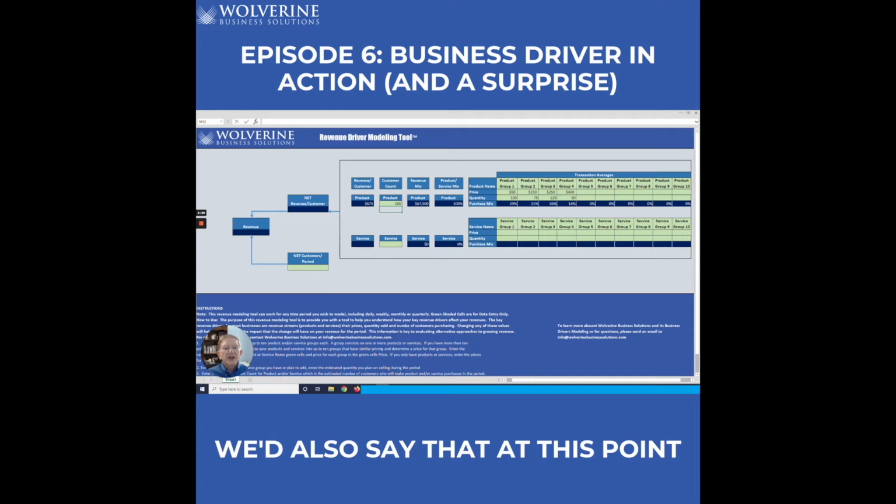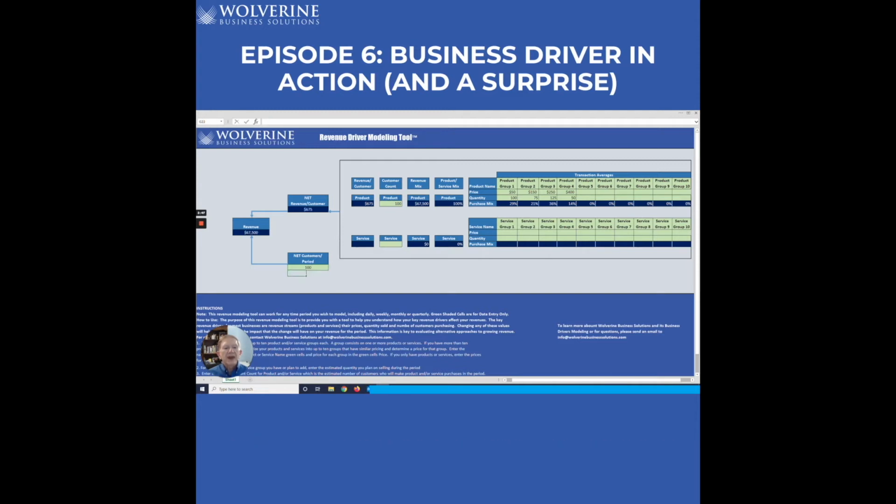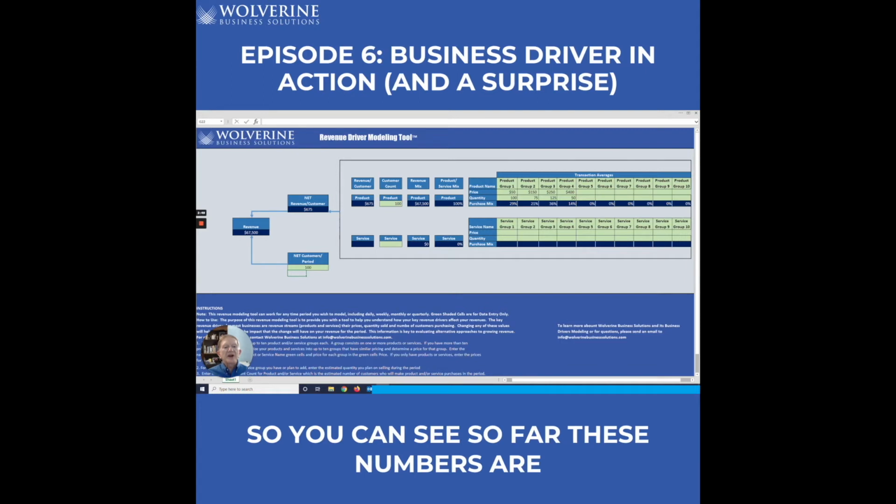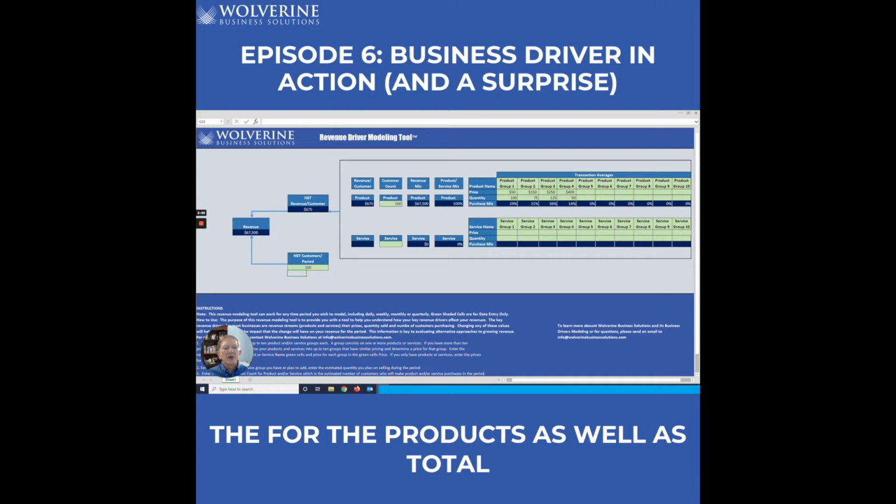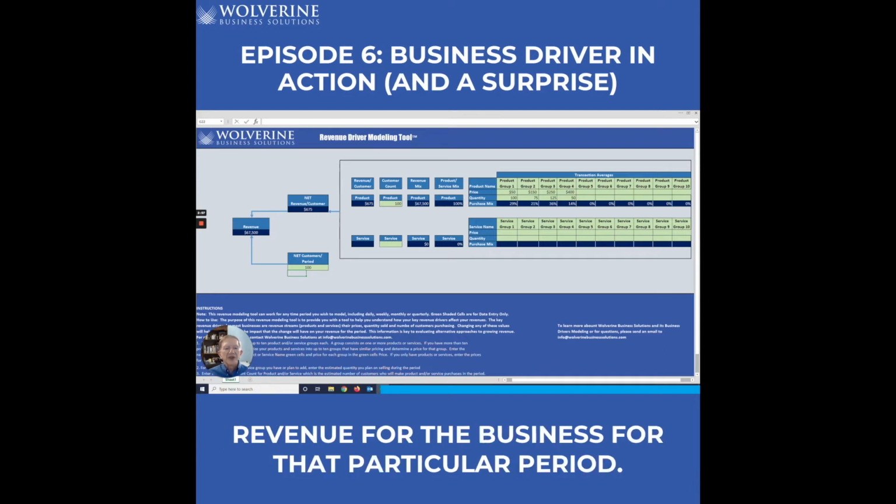We'd also say that at this point we have 100 total customers to match these two numbers. So you can see so far these numbers are going to match, because for revenues for the products as well as total revenue for the business for that particular period.